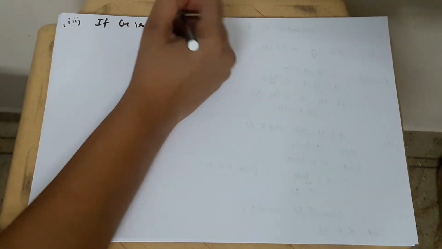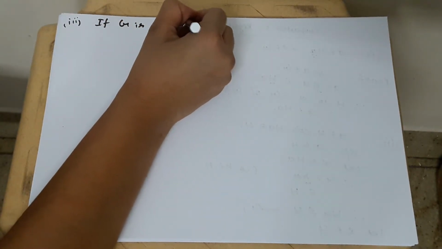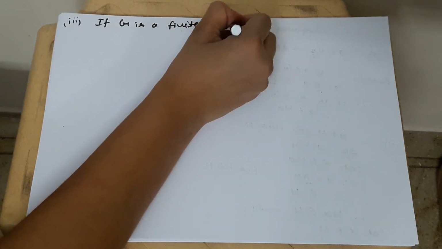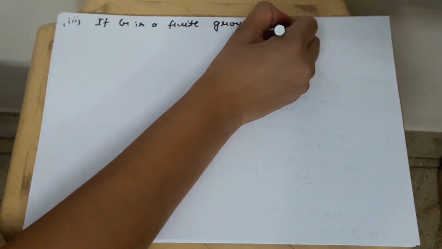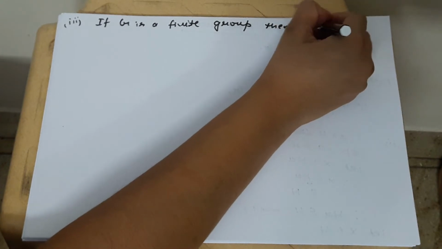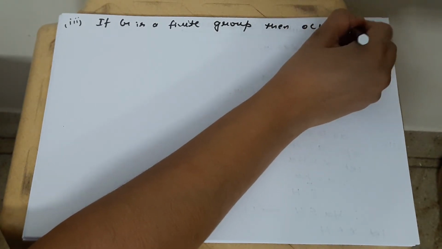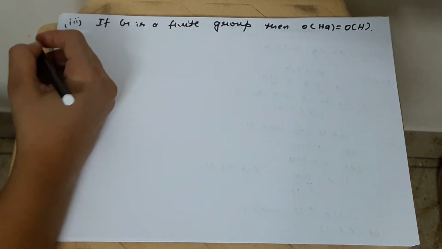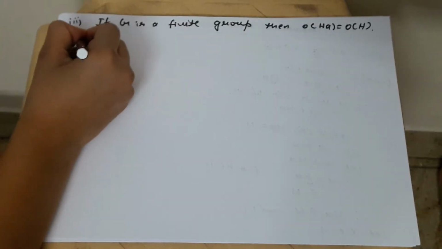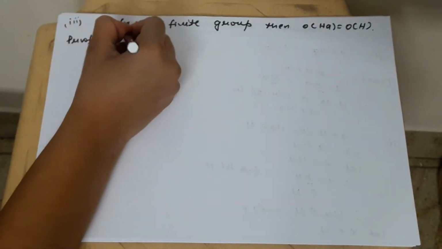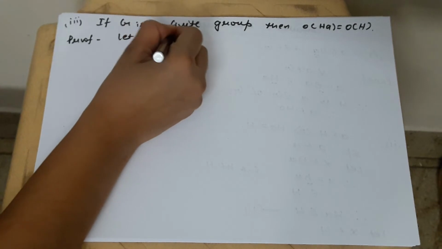Second is the most widely used property from an application point of view, I am telling you. Third property: if G is a finite group, then order of Ha is equal to order of H. Let's start with the proof. Let order of H be equal to k.